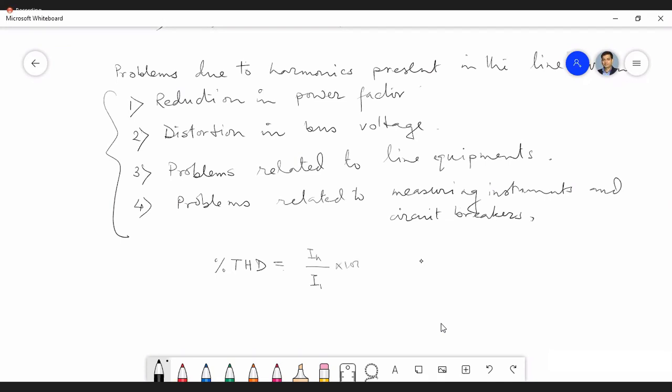How will you find out this IH? Okay. This is called the total harmonic distortion.